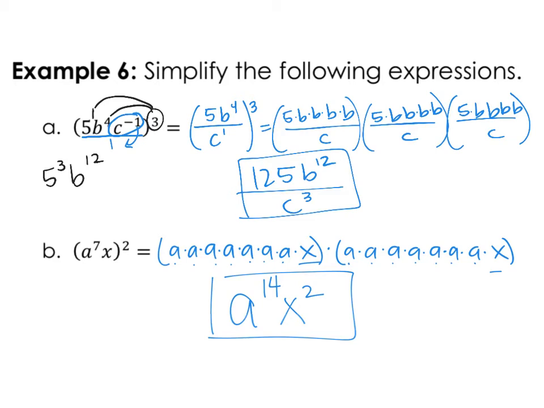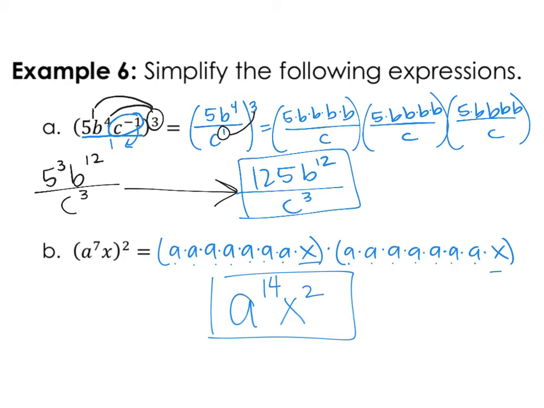Now, our c moved down below, so we had a c on the bottom with an exponent of 1. And if I do 1 times 3, I have an exponent of 3 on the bottom of that c, which I can still calculate out. 5 to the 3rd power is 125. Let's try that rule on the next one.